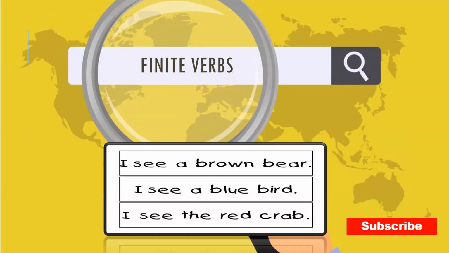Here, this see, this first form of the verb represents the present tense of the sentence. All right. So finite verbs are those verbs which basically tell us about the tense of the action, in which time that action has occurred.